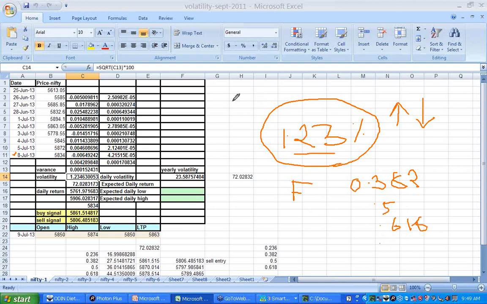That is for Fibonacci. In the same way, the Gann principle says whenever your price crosses the 15-degree trend line, that time you set the trend, and the 45-degree trend line confirms the trend. So this is for the Gann principle.